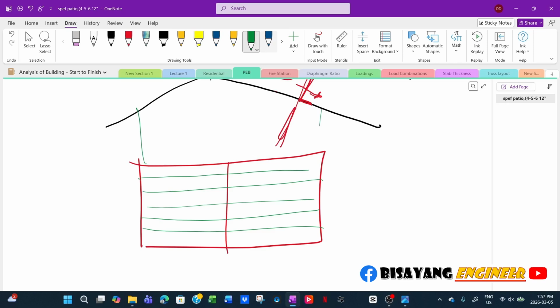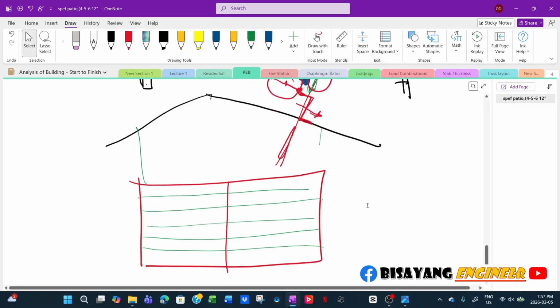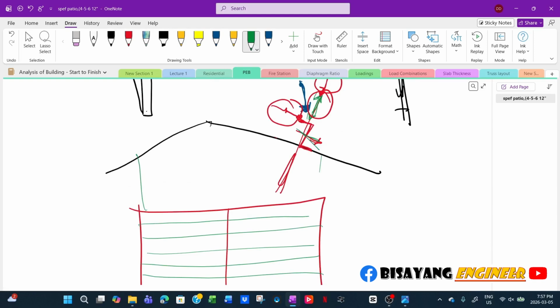So your purlins will bend along the major axis, and at the same time it will bend also along the minor axis, perpendicular to the screen. So there will be biaxial bending.